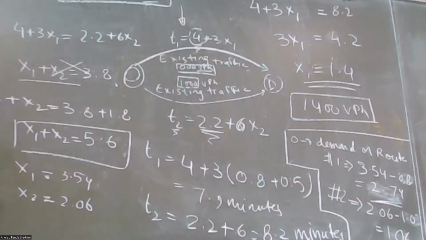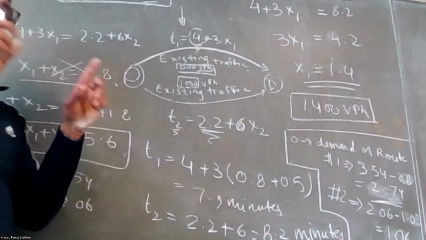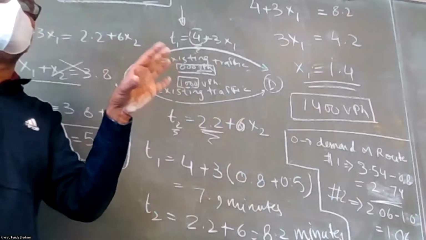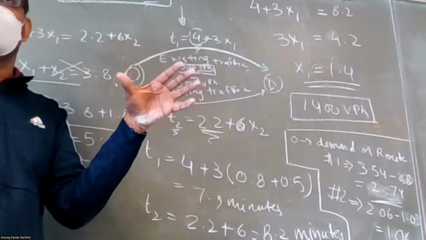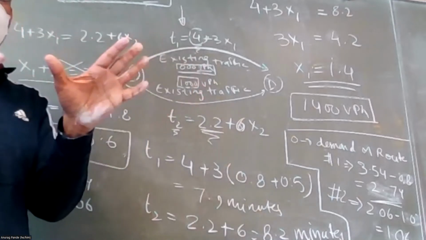Questions? Yes. Would it be easier if you just add x1 plus x2 equals 3.8 and then use the calculator? You could do that too. So then I will probably not call them x1 and x2. I'll probably call them x1 prime and x2 prime. So that's one thing you could do.